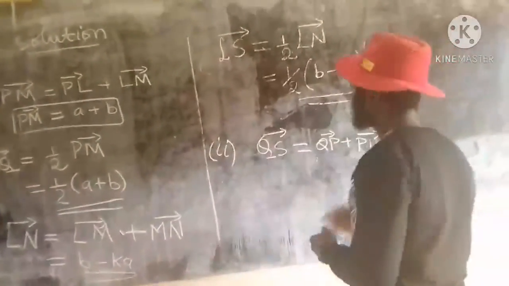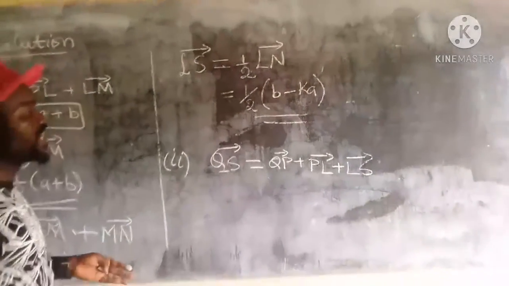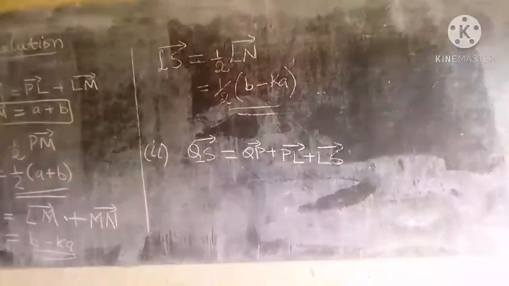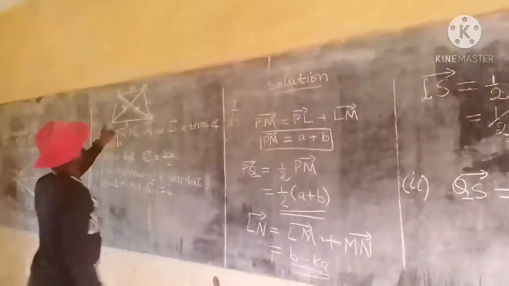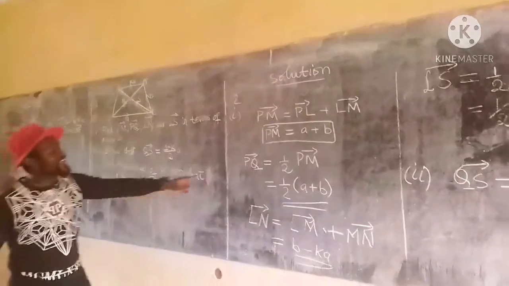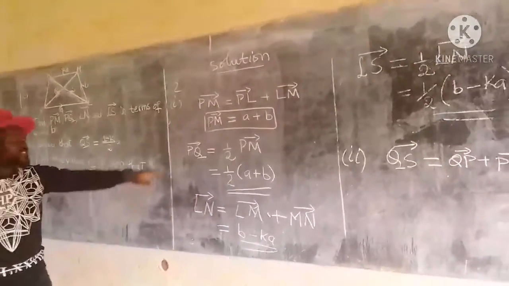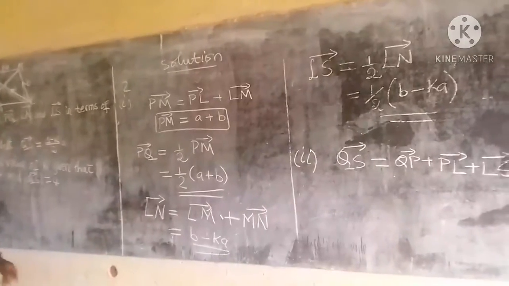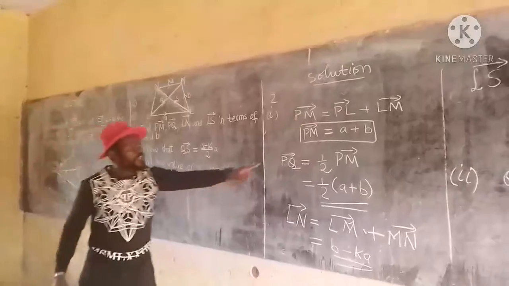LS. Ask yourself which of these are already expressed in terms of A and B. Let's look at QP. QP is already expressed. It's a negative form of this vector, the negative of PQ.